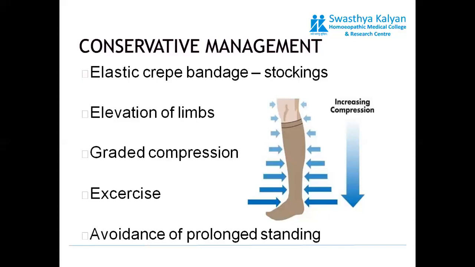Then we have graded compression, as we can see how the pressure has been graded. That is, the largest compression would be at the medial malleolus or the ankle joint. Exercising was also suggested; walking will definitely help in sending the blood back.